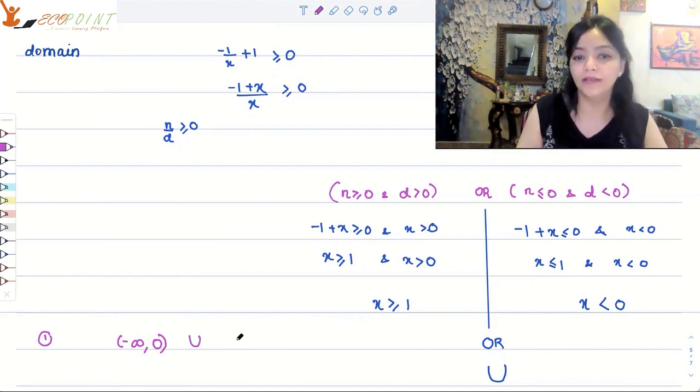Or else, if the numbers are greater than or equal to 1, that is closed at 1, that means including 1. Including 1 to infinity, everything will give me a positive input inside the square root. So finally, this is my domain. These are the numbers I can input to get a valid output.